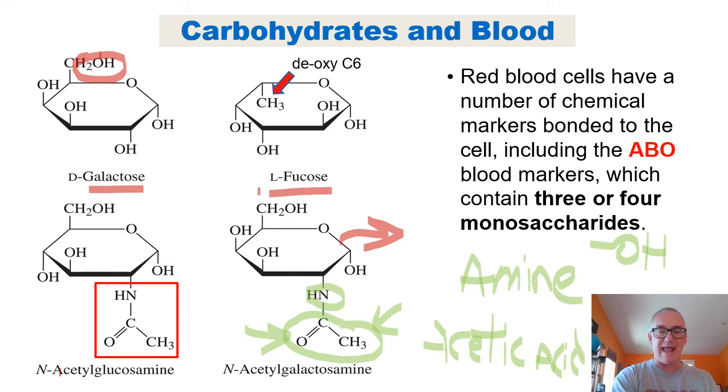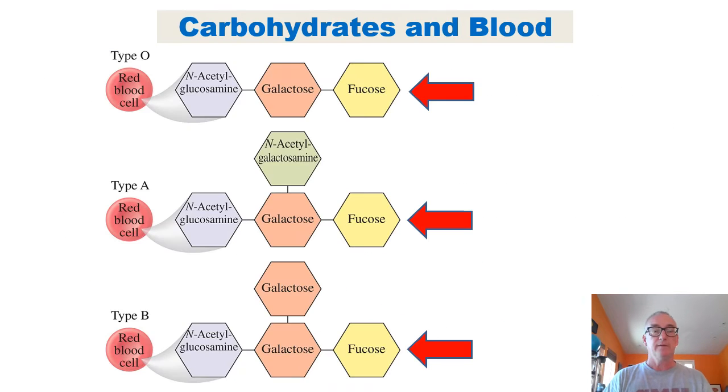So we call it N because there's something linked to the nitrogen, an acetyl group, and the rest of it is galactose amine. So that is one of the sugars. That's an amino sugar because it has an N group attached to it. So those are the sugars involved in making the chain involved in red blood cell type.